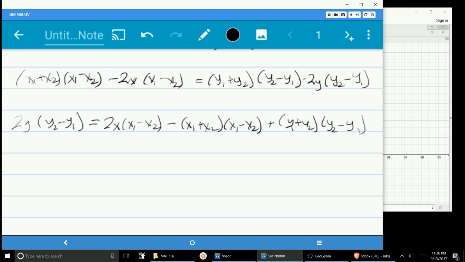Now to solve for y, what I'm going to do is divide by 2 in this. So y equals, the 2's cancel on this, and I get some multiple of x. What I get is x1 minus x2 over y2 minus y1 times x. Right, the 2's canceled. And over here, I have this minus this.